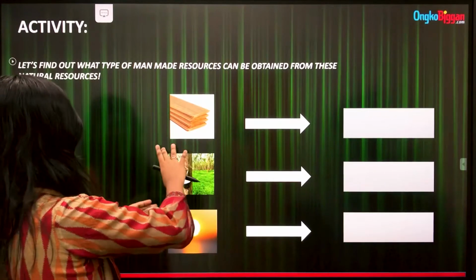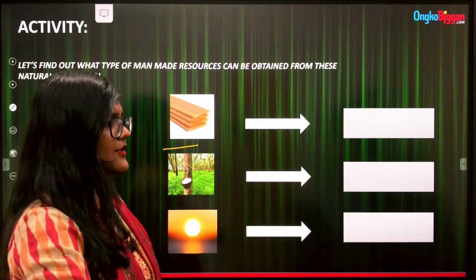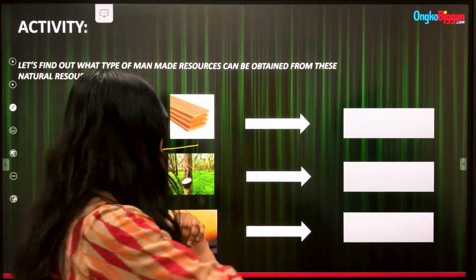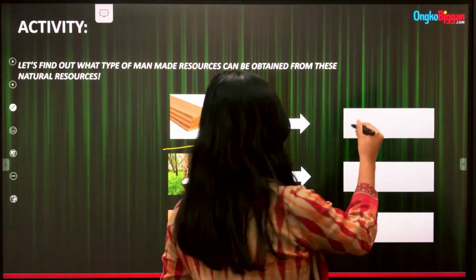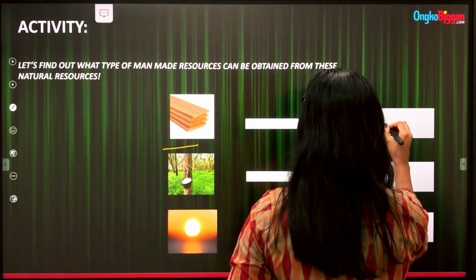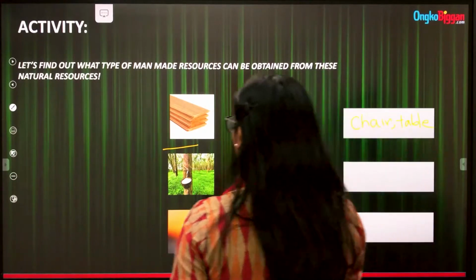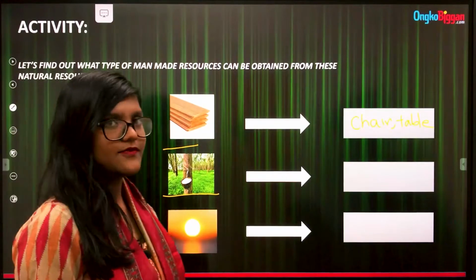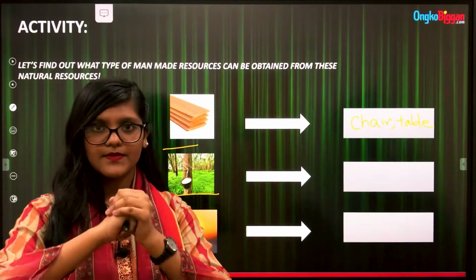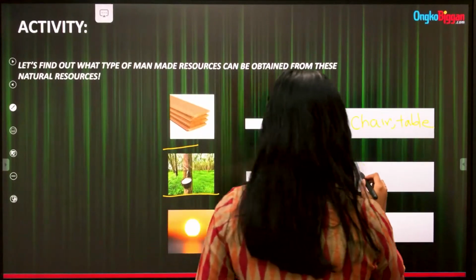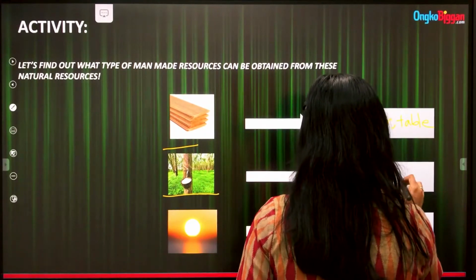So firstly we have wood. From wood, what type of man-made resource can we make? We can make chair, table. Again, we have rubber. Rubber is obtained from a certain tree. So from rubber, we can make tire, eraser.